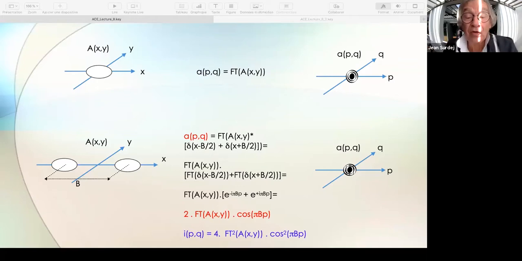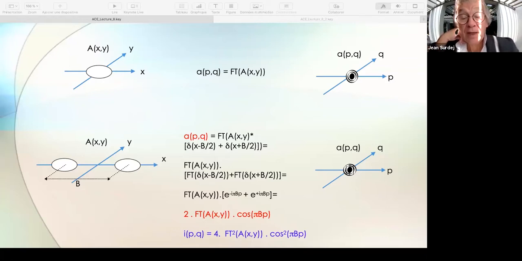And this is what you see appearing, the cosine function of pi times b times p, which is always the same, whatever the shape of the original aperture, because this is reflected in the Fourier transform of A, and we didn't specify what A was. It can be a square aperture or circular aperture or any kind of aperture. Now, if we want the distribution of the intensity in the focal plane, we take the square of that result represented in red, and this is the last equation shown at the bottom of the slide.